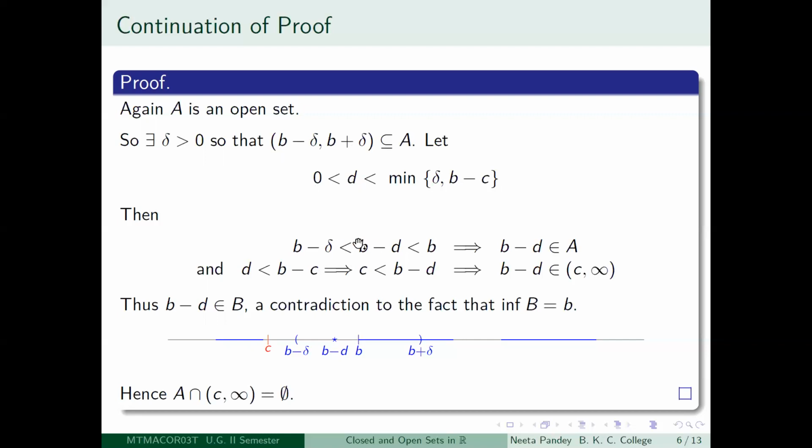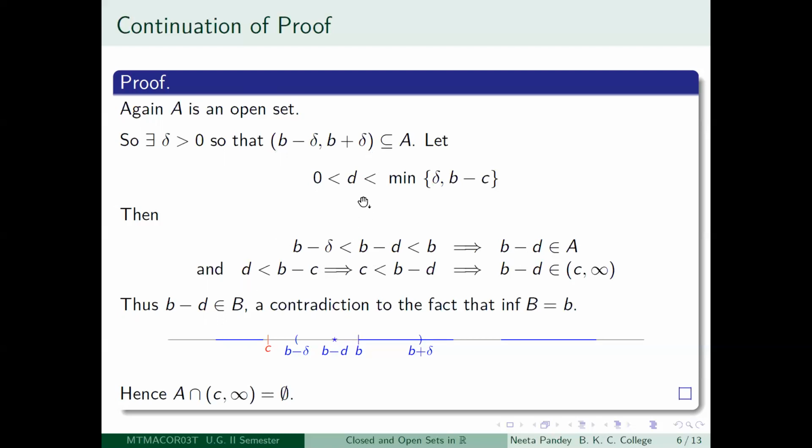Therefore, what did you get? You got that b minus d belongs to the open interval b minus delta to b. That is a subset of the open interval b minus delta to b plus delta. Therefore, b minus d is actually a point of A, which we have depicted here by a star.